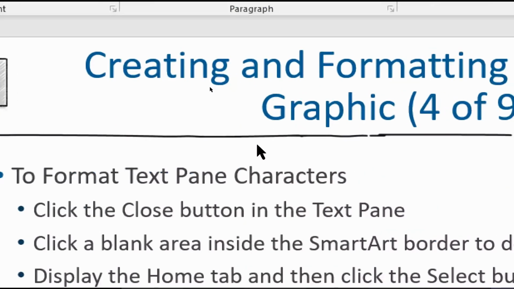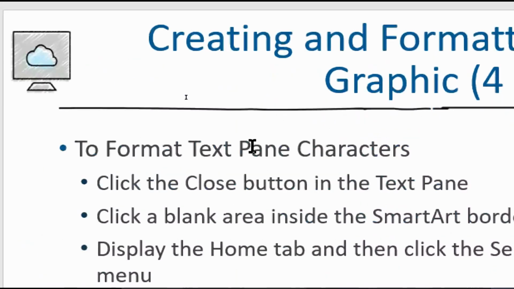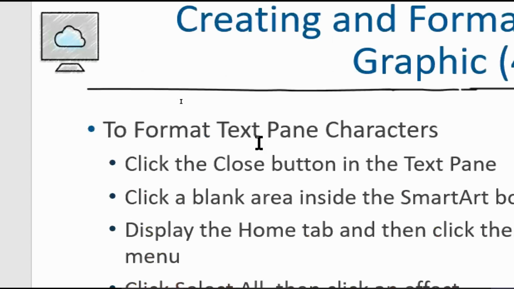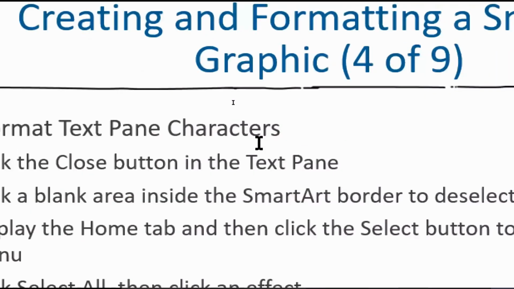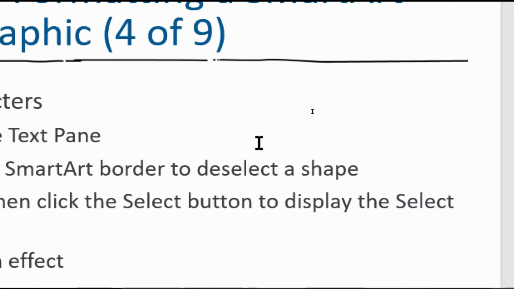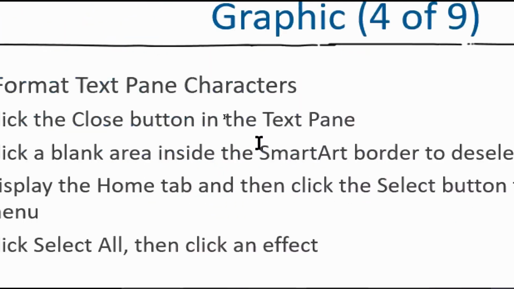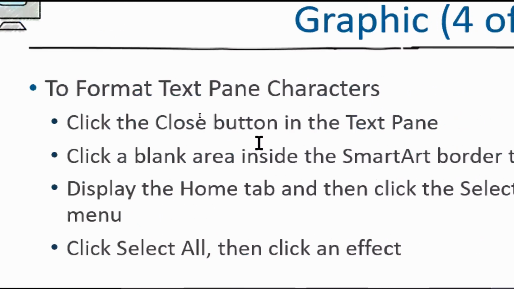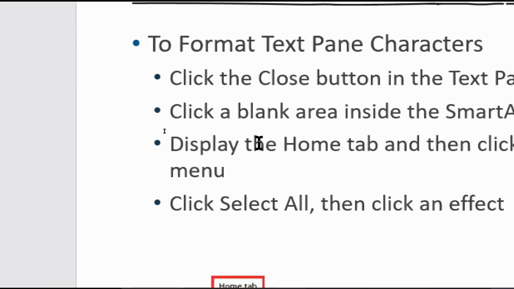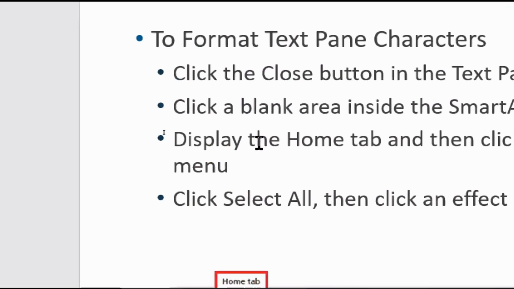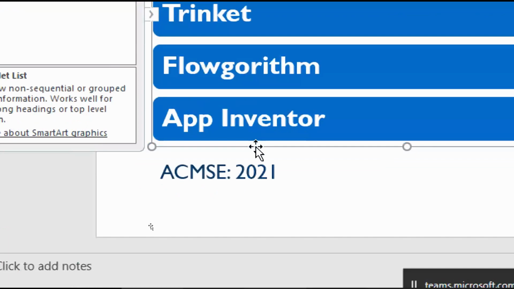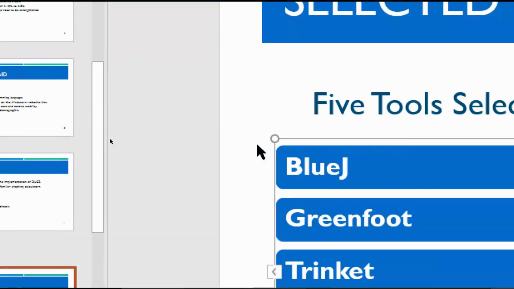All right. To format text pane characters, we want to click the close button in the text pane. Click a blank area inside the SmartArt border to deselect a shape. And then display the Home tab and click the Select button to display the Select menu and click Select All. This did not work for me. So first thing, close this.